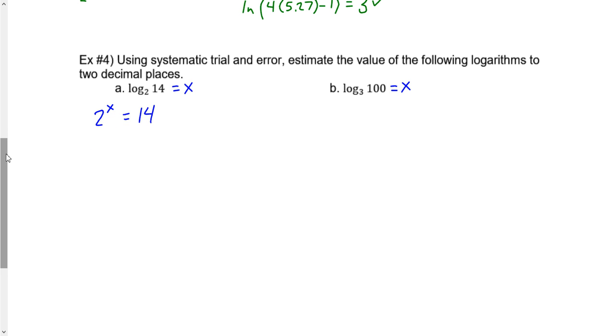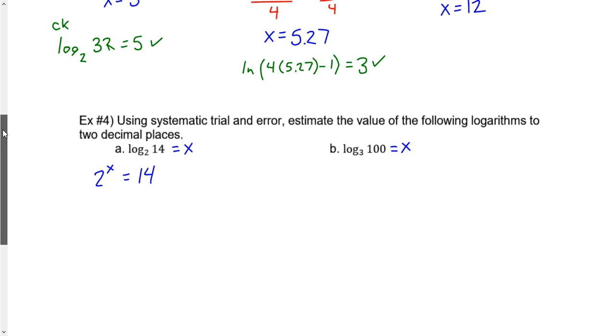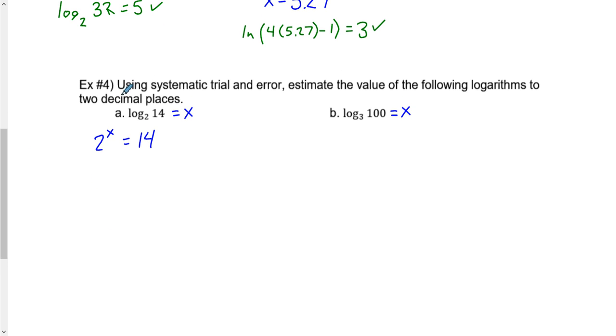So since we already know that 2 to the power of 5 is 32, 2 to the power of 6 would be 64, and 2 to the power of 7 should be 128. Obviously, it would have to be 6 point something. So since, oh, wow, sorry.